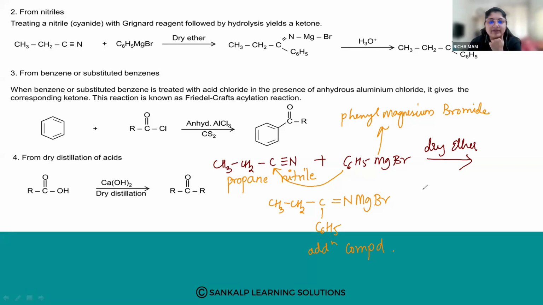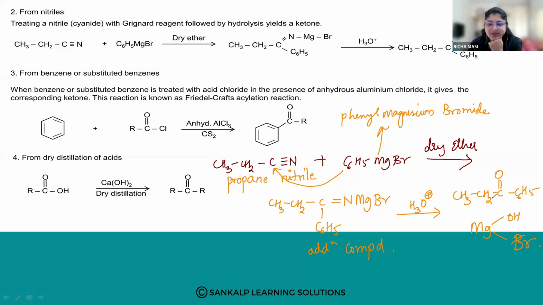So propane nitrile, when it reacts with phenyl magnesium bromide in the presence of dry ether, will give you an addition compound. This on hydrolysis will give you a ketone and MgOH and X. X is what? Your Br.